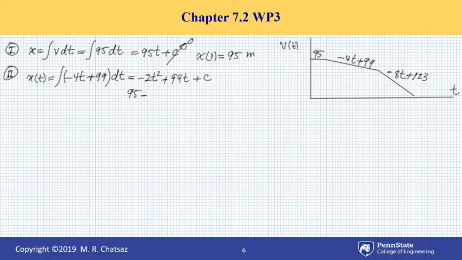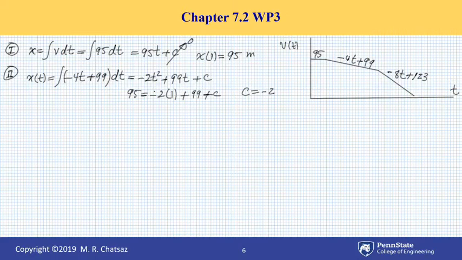So 95 equals minus 2 times 1 squared, which is still 1, plus 99 times 1, which is 99, plus c. This can be solved for c to get minus 2.